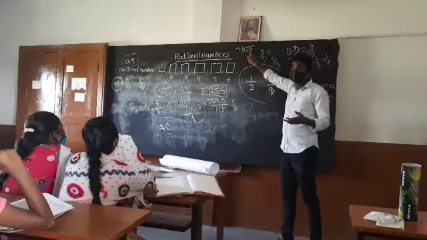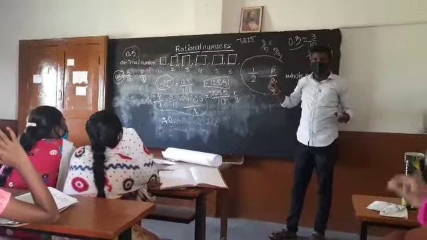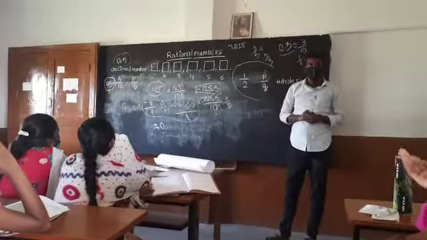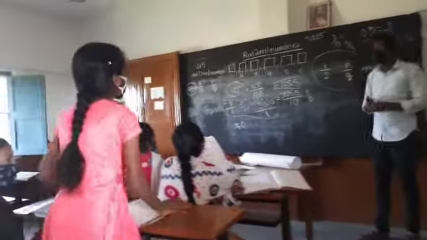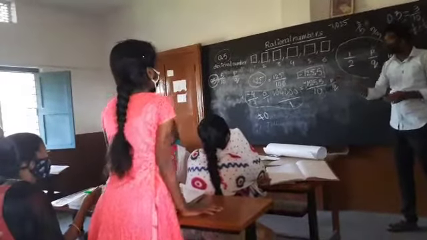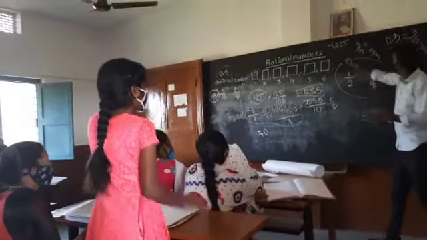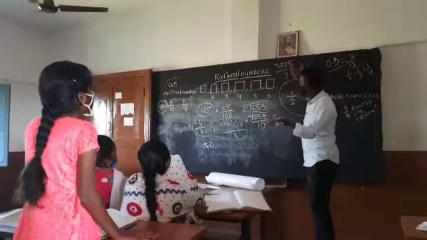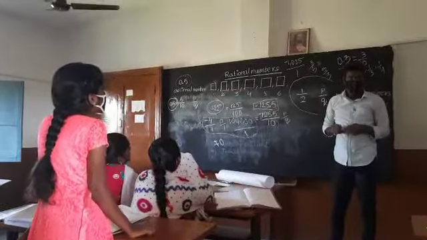Who can justify minus 1025 as a rational number? You can just explain to me minus 1025 as a rational number. Thank you. Very good. Minus 1025 by 1. So minus 1025 is also equal to minus 1025 by 1, isn't it?